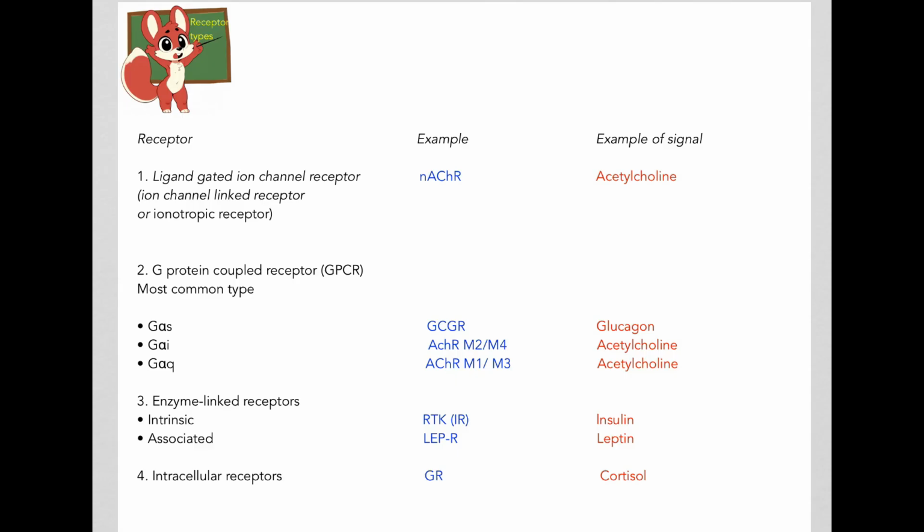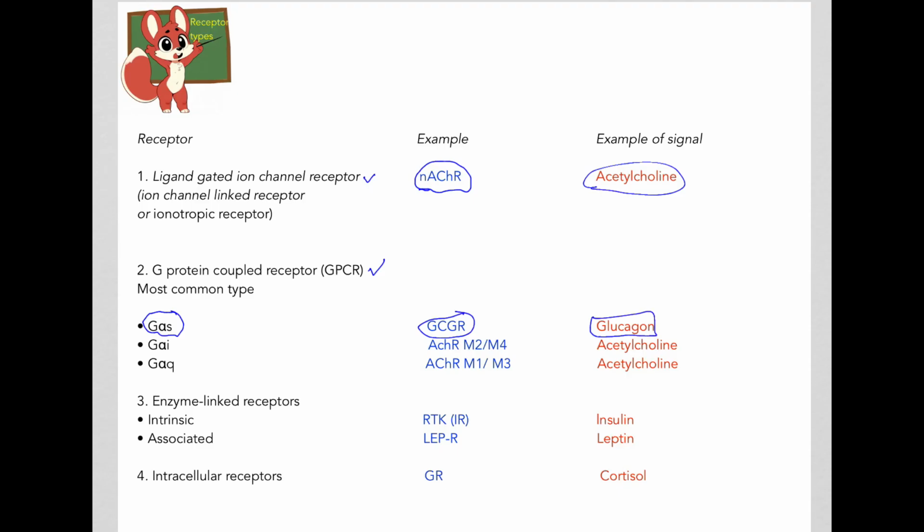So for example, the nicotinic acetylcholine receptor is an example of a ligand-gated ion channel receptor where the signal is acetylcholine. An example of a G protein coupled receptor that is associated with G-alpha S protein is the glucagon receptor where the signal is glucagon.